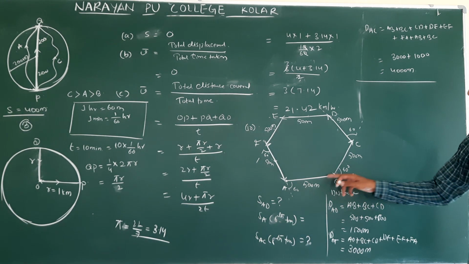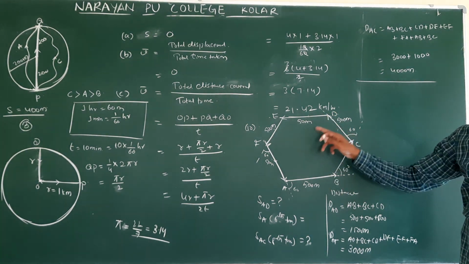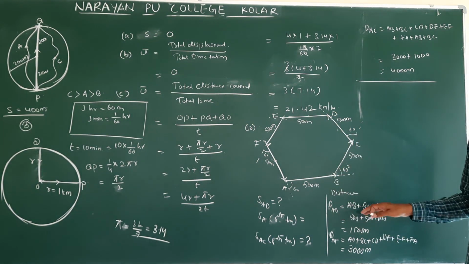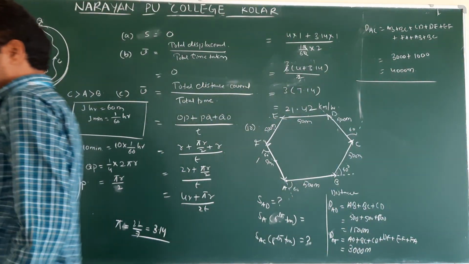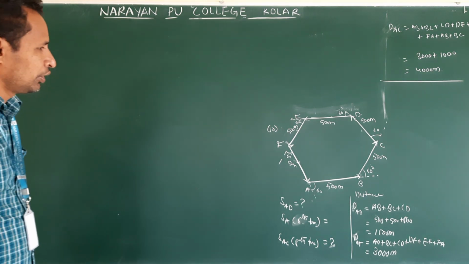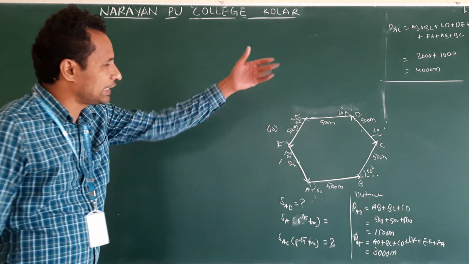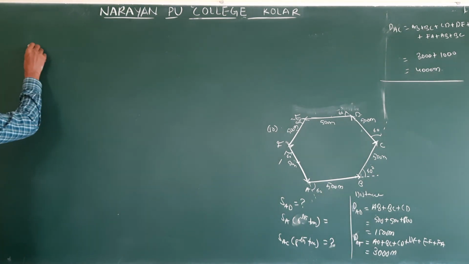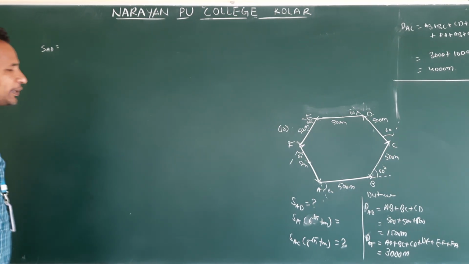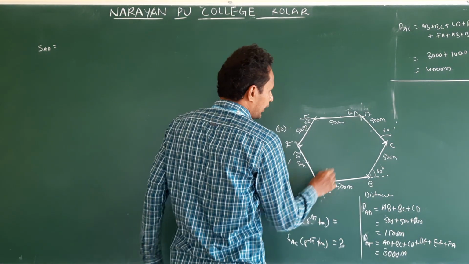What we calculated up to here is only distance. Understand? Distance means total path traveled. So make a note of this. Next we will find the displacement. Now displacement for S_AD. This is the initial point, this is the final point.